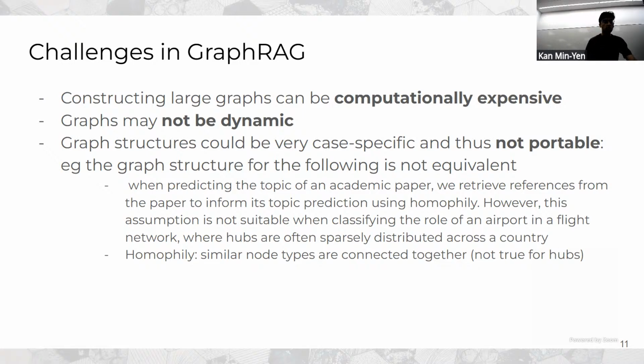That's not really the case in another domain, where a similar node type is connected to each other, and that happens more in academic papers. So a graph structure that you get from an airport network would not be mappable to one for academic papers.